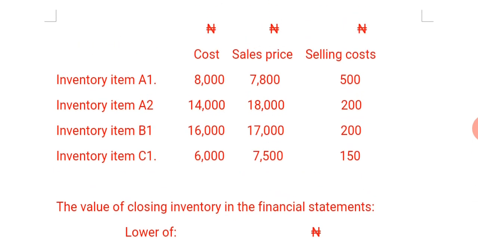Now A1 could be shoes, A2 could be food items, B1 could be automobiles, that's motor cars, vehicles. Then C1 could be, let's say, water bottles, whatever we're dealing in.